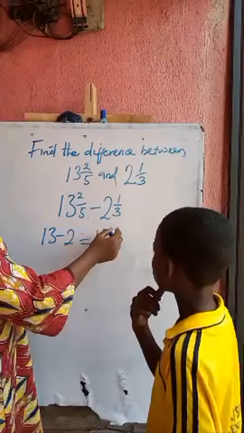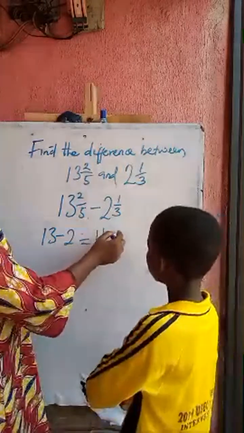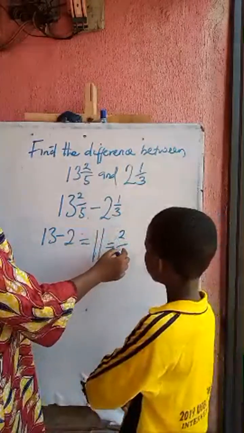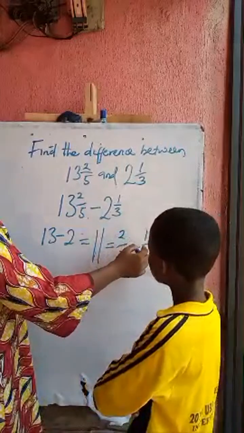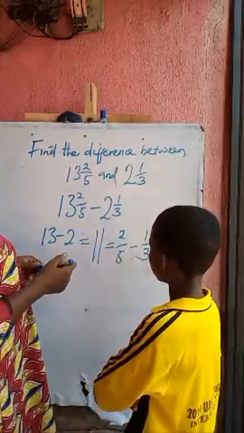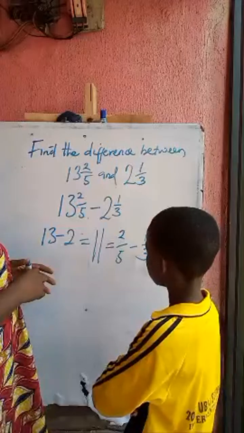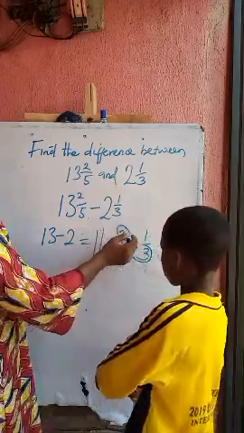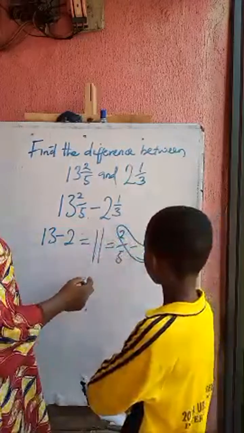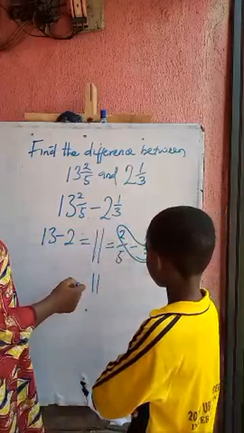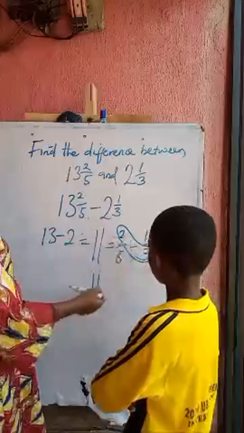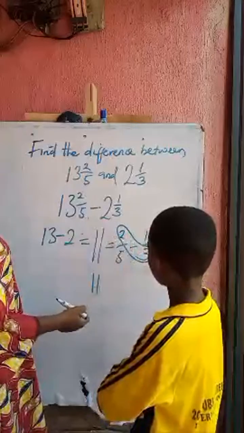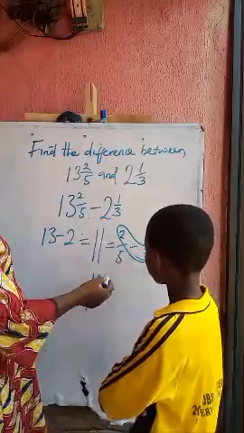Now we have 11, and 2/5 minus 1/3. This is how to arrive at your answer. You cross multiply. You bring down your whole number. 3 times 2 is 6.